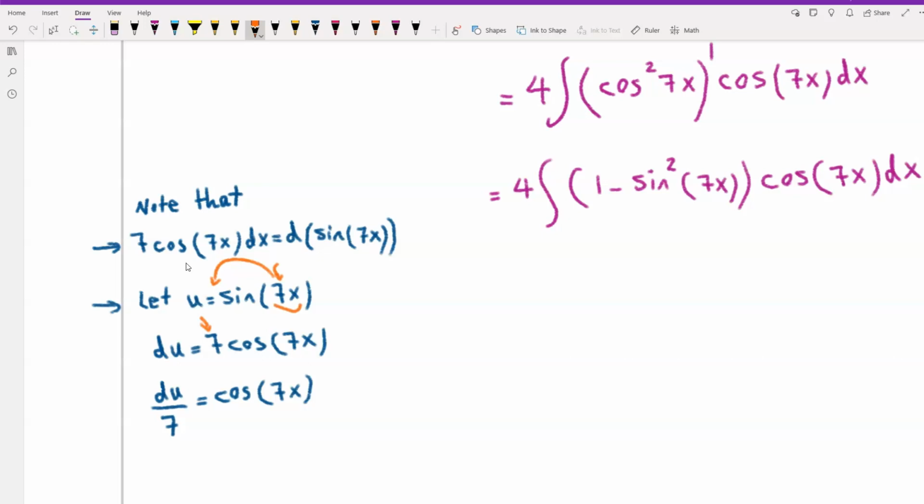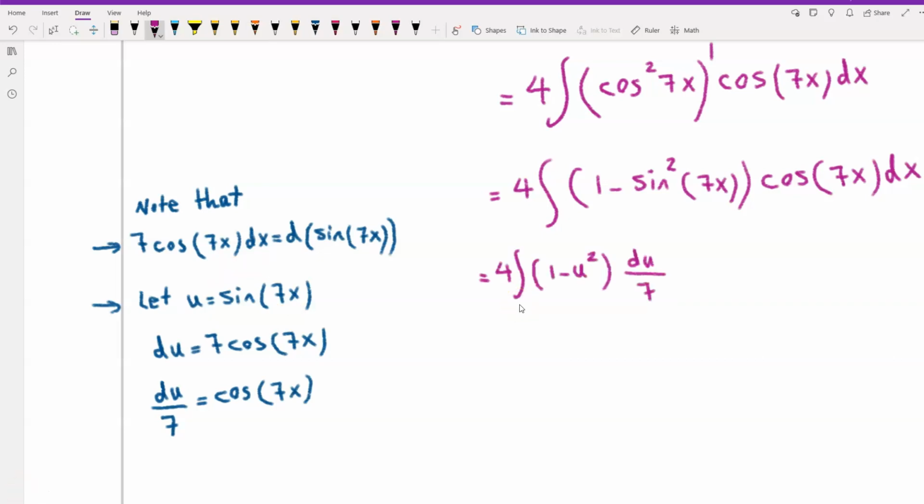So we have 7 times cosine 7x, and then I divided both sides by 7 because I wanted to see what I have to use for cosine 7x. So du divided by 7 and 7 cosine 7x divided by 7. So what we're going to have for cosine 7x is du divided by 7.